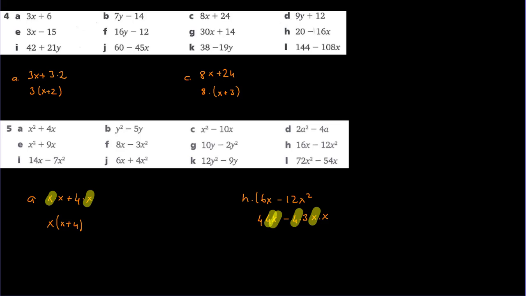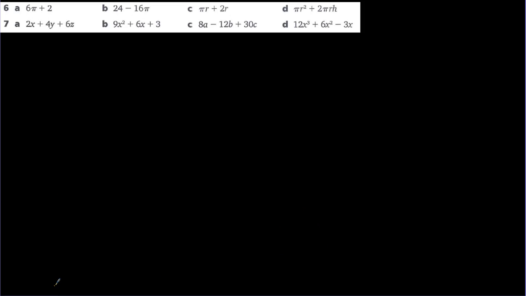If you get 4x in parentheses, I'm writing 4x firstly, then if I write the 4x here, let me use the same color not to confuse the mind. 4x is the common term. This is what is left of them: 4 here, minus the minus sign, 3 and x is the answer of the question.